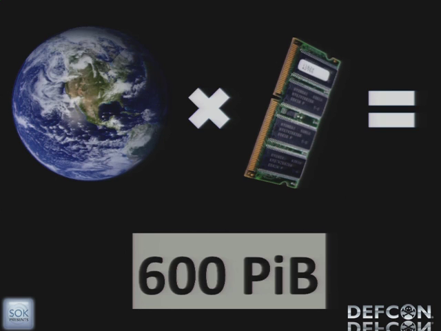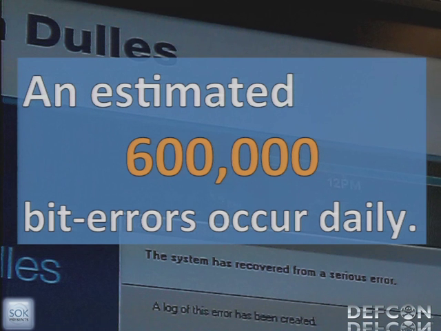I felt it was a very fair compromise between the servers that have multiple gigabytes and your phone, which may have 6 to 20. You will get approximately 600 petabytes of DRAM that is connected to the internet. And using the lower end error estimates from the previous slide, that's approximately 600,000 bit errors that occur daily in all the world's internet-connected DRAM.